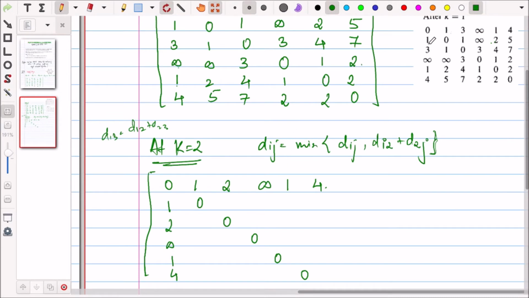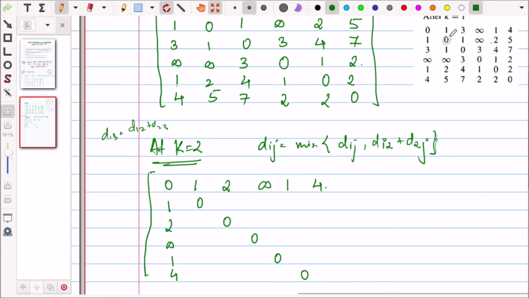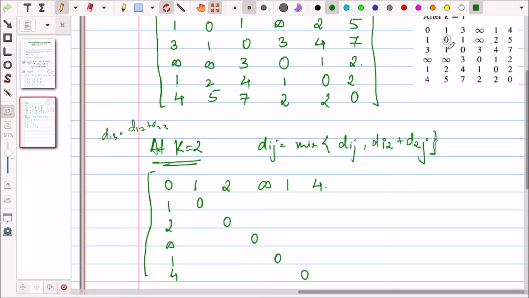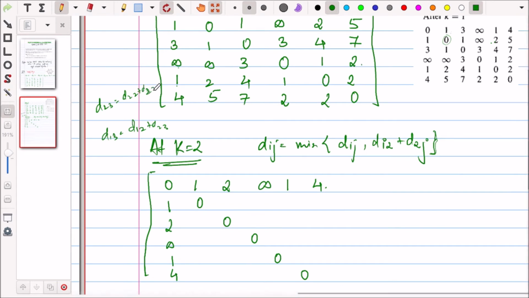Now let us take the next. So now this will be our entry and it will be added with all the other entries, right? 0 0 1, all these entries. Okay, so now this is 1 and 0 plus 1 is, क्योंकि अब हमें d23 निकालना है. d23 is d22 plus d23. So it will be 0 plus this.